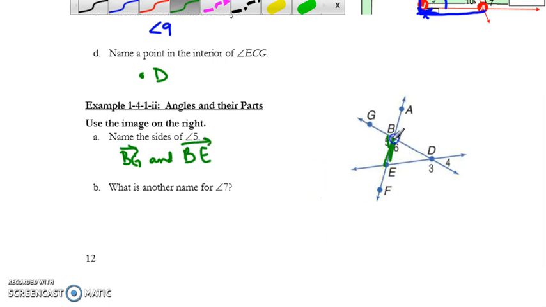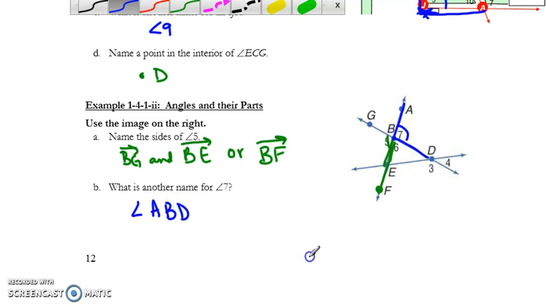You could also name it BF if you wanted to stretch it. Since F is a point, you could name it BF, and that would be the same as BE, or the same side as you're referring to. What's another name for angle 7? So we could have this angle ABD. Start on the outside, go to the vertex, and then back to the other outside point.